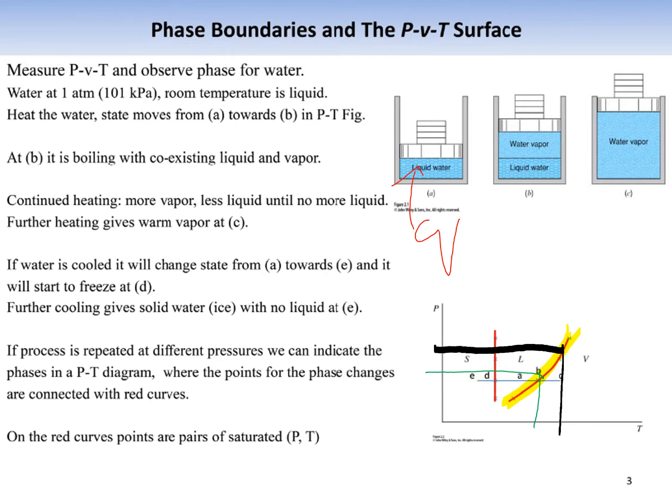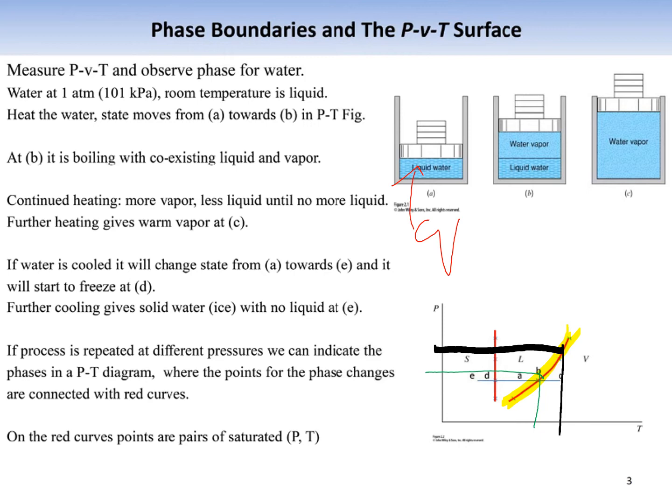If the pressure is higher, then it's not boiling. If pressure is lower, then it's boiling. So for each pressure, there is a temperature at which a pure substance boils.